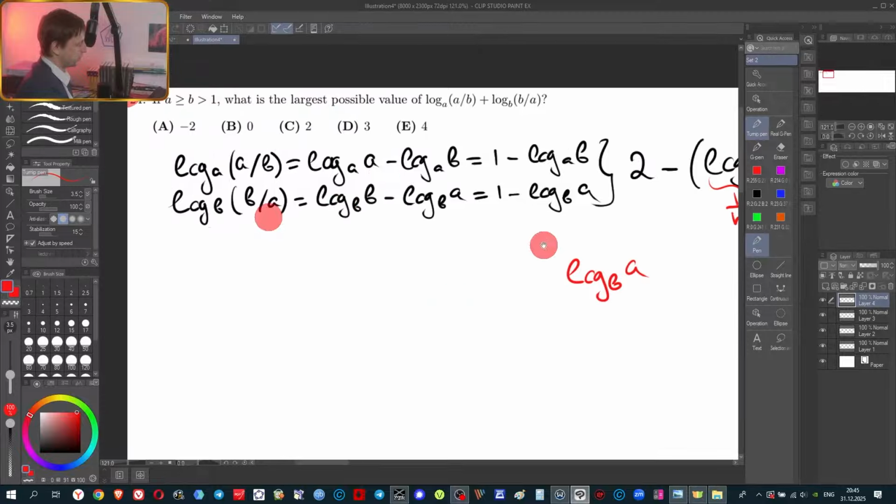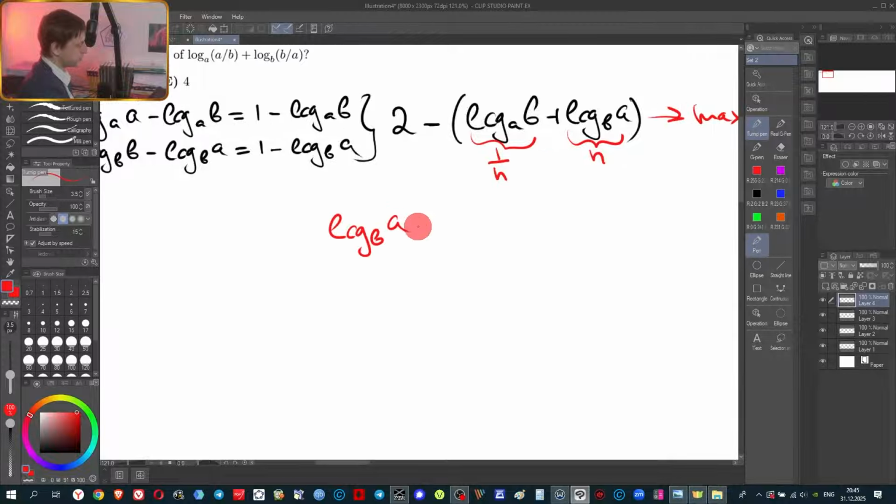By the way, in our case, a is greater than or equal to b, which is greater than 1. It means that if a is greater than or equal to b, b should be raised to some power to get a, and this power should be greater than or equal to 1, right? But let's designate that log ba is some number n. What does it mean? Logarithm is simply a power.